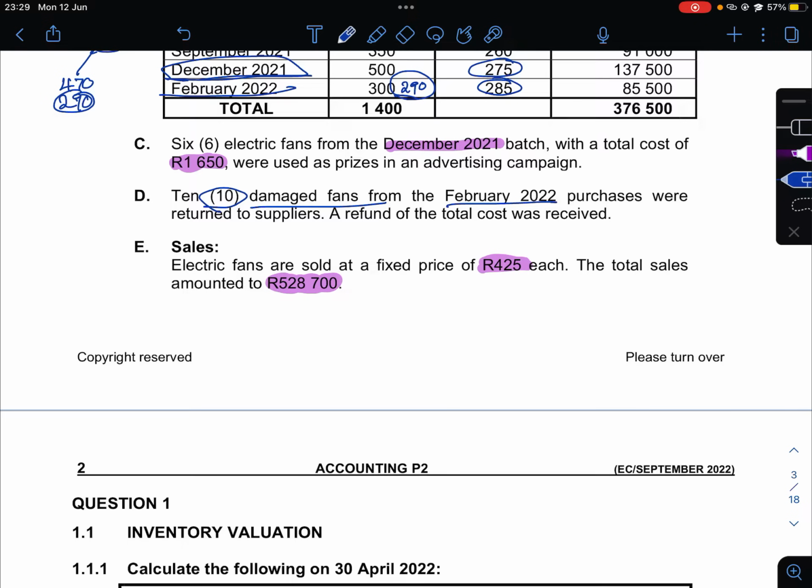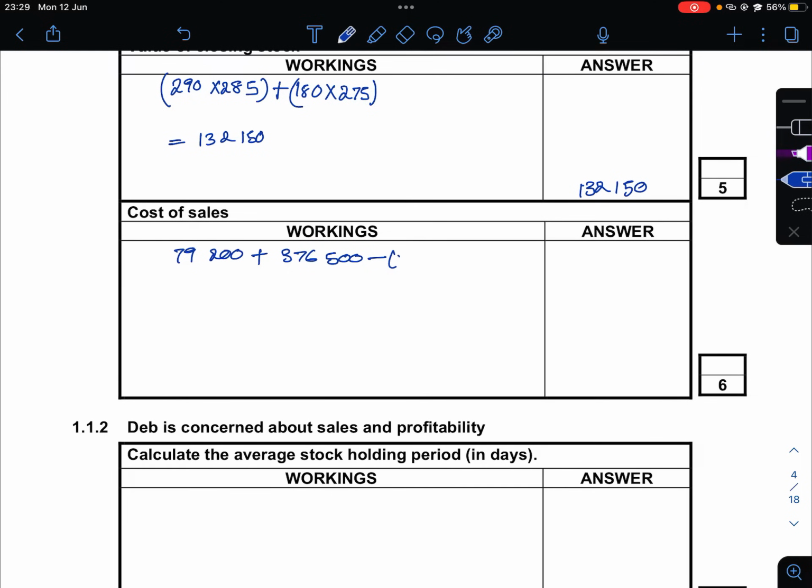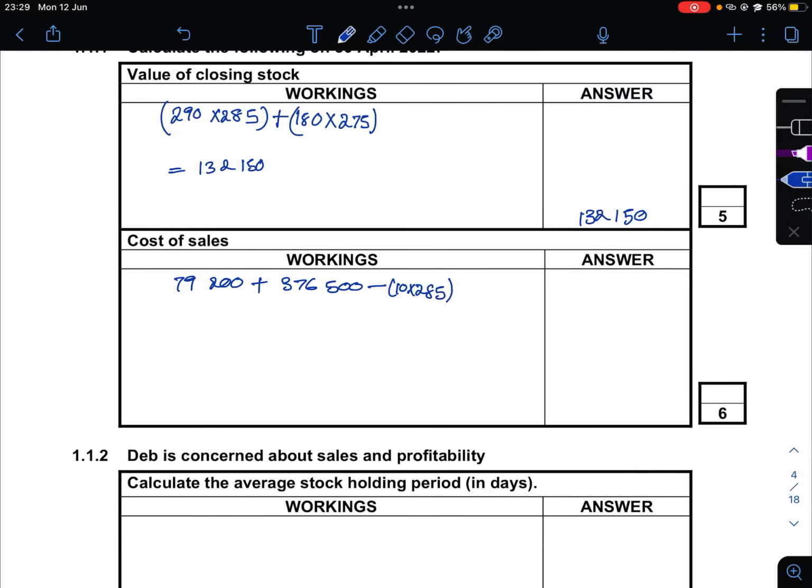So we say 10 times 285 to find the cost, minus 10 times 285, or you can just calculate from there and get the exact amount. So this is your opening balance, these are your purchases, then these are your returns, and then you also subtract your closing balance, which is 132,150.